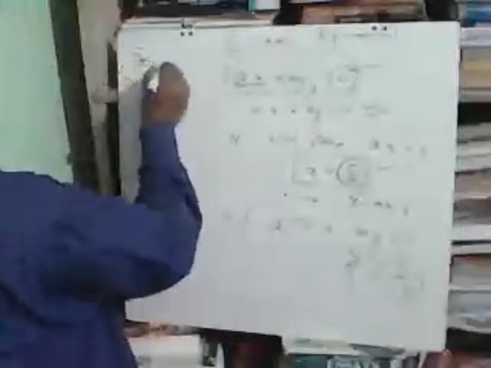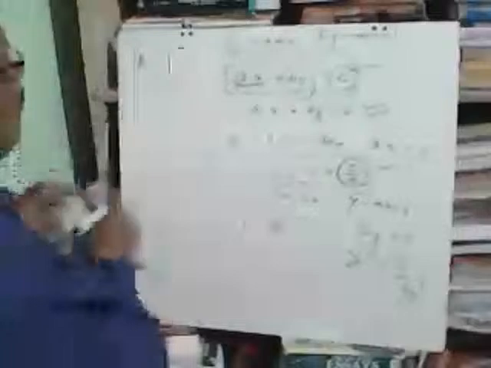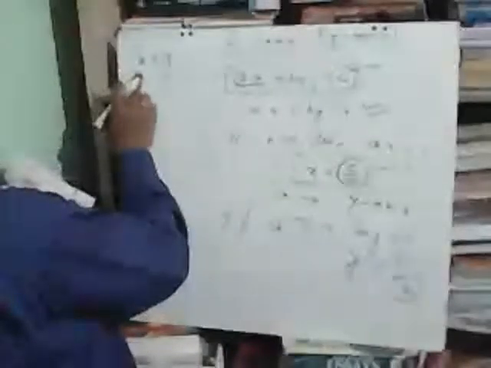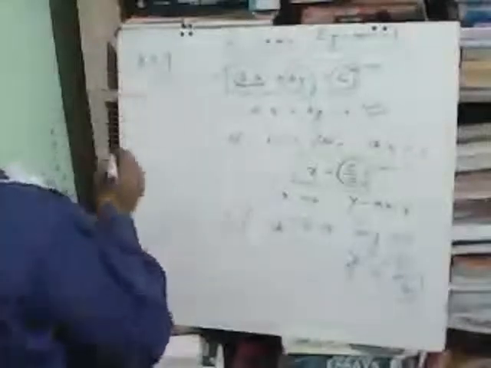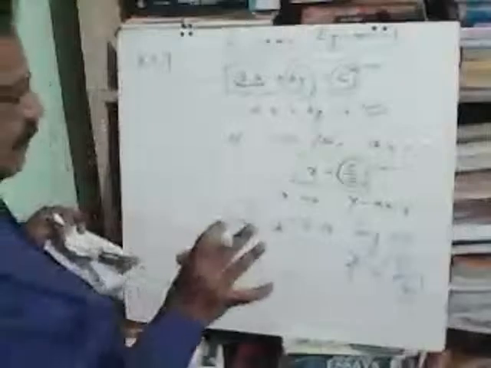One equation I'm writing: x equal to y. On your copy, you draw the graph of this one. X equal to y, question number 1. On the same paper, same graph, rough diagram only. Graph paper not required.